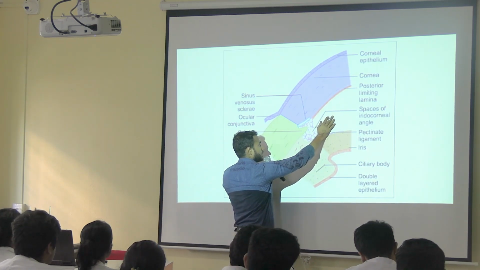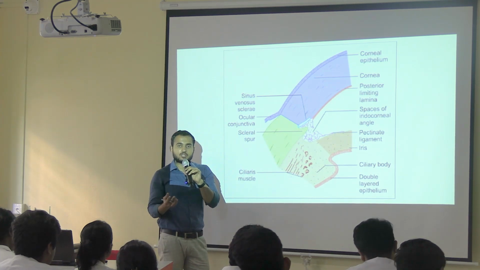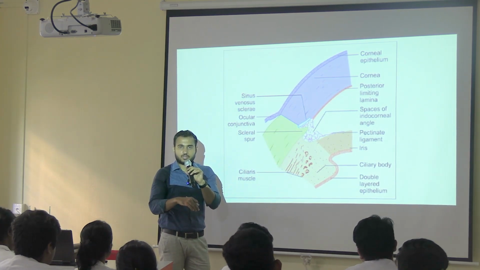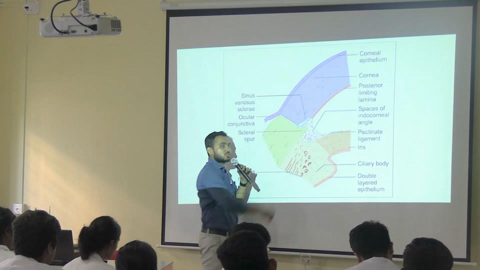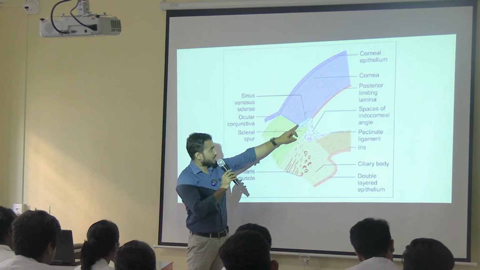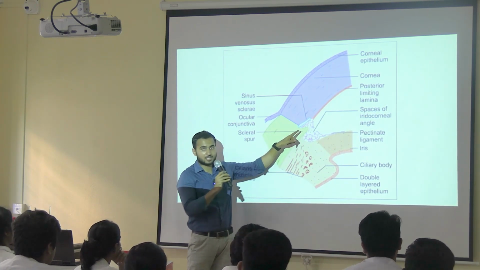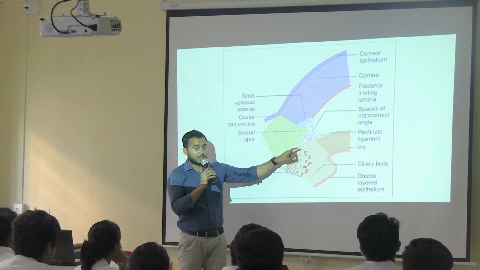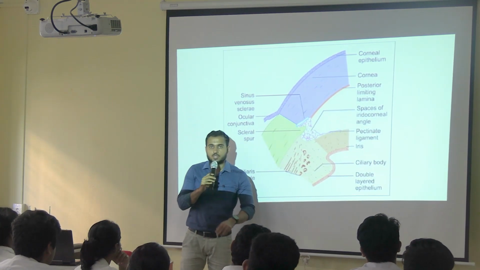What is present over here? Aqueous humor. After production of the aqueous humor, the drainage is also important. Through this canal of Schlemm, it drains and goes back into the venous system. Next, medial to this, a triangular shaped scleral tissue is there. This is called the scleral spur. It also has an important function in the drainage of aqueous humor.